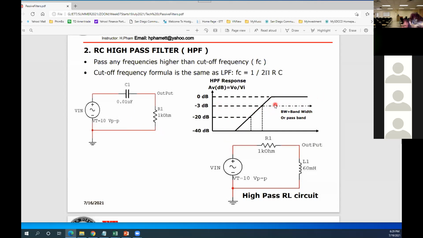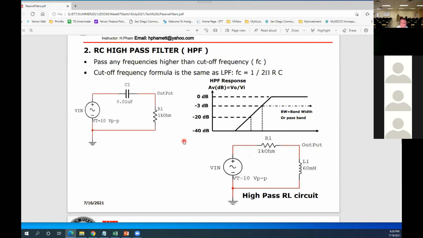That will be called the pass band or bandwidth. So you see this is just the opposite of the low pass filter. A low pass filter passes any signal lower than the cutoff frequency. A high pass filter allows only the signal higher than the cutoff to pass.